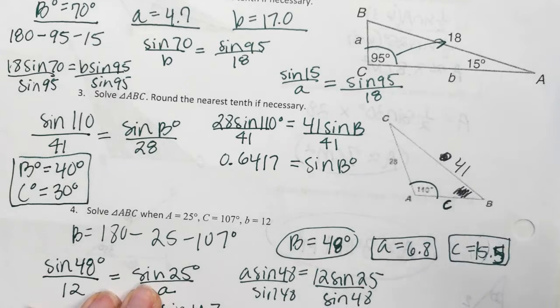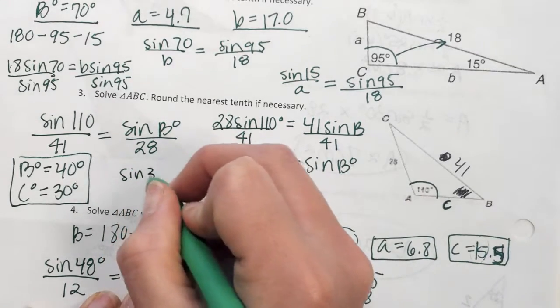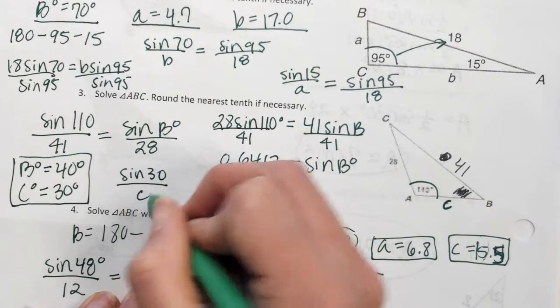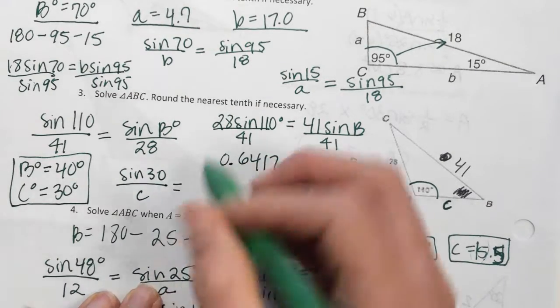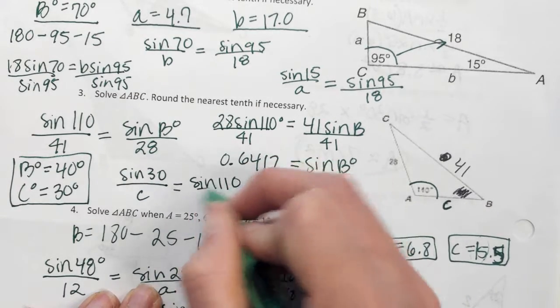So we know we have to set that up in our equation. What's the angle of C? So sine 30 over, equals. Very good.